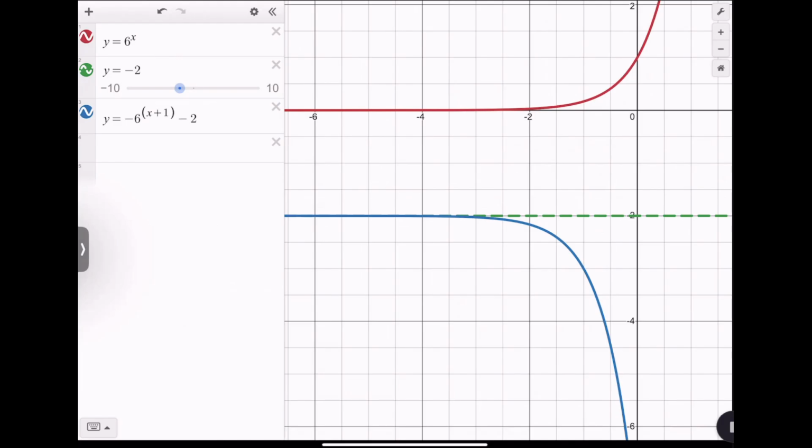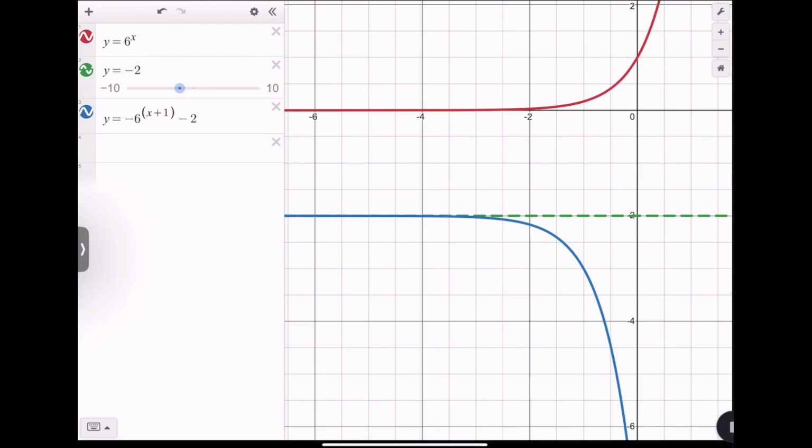Where is the blue curve 1 unit away from its asymptote? Can anybody tell me? What's that point, 1 unit away? Negative 1, negative 3. Everybody agree? 1 unit away is right there.